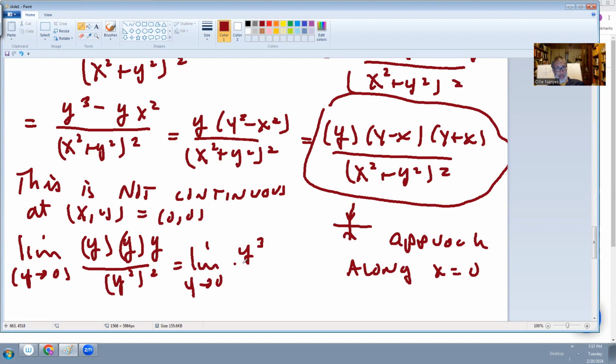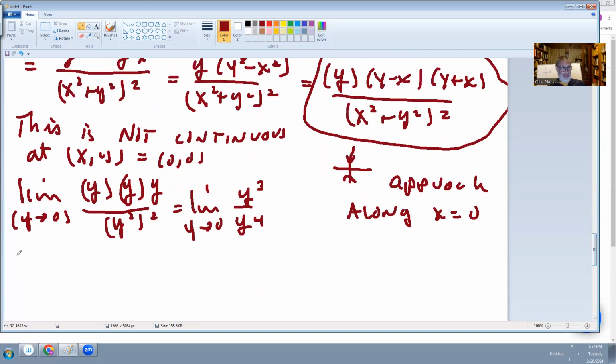So we'll have y cubed over y to the 4th. That's a fairly easy calculation, and that does not exist. Depending whether you approach from y positive or y negative, you get plus or minus infinity. But this is unbounded.